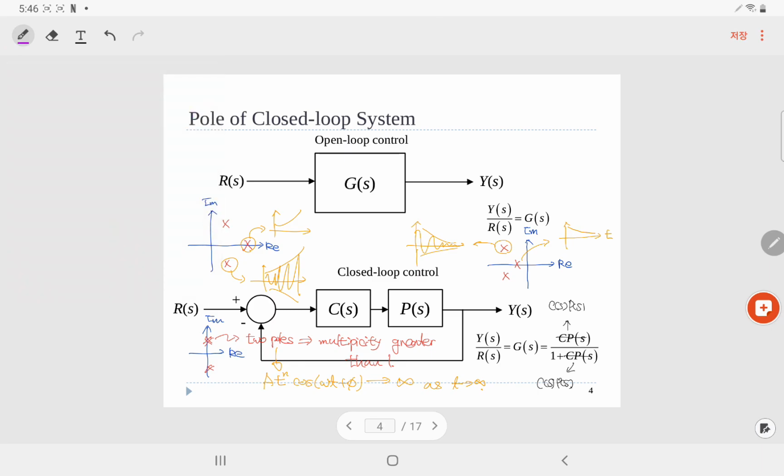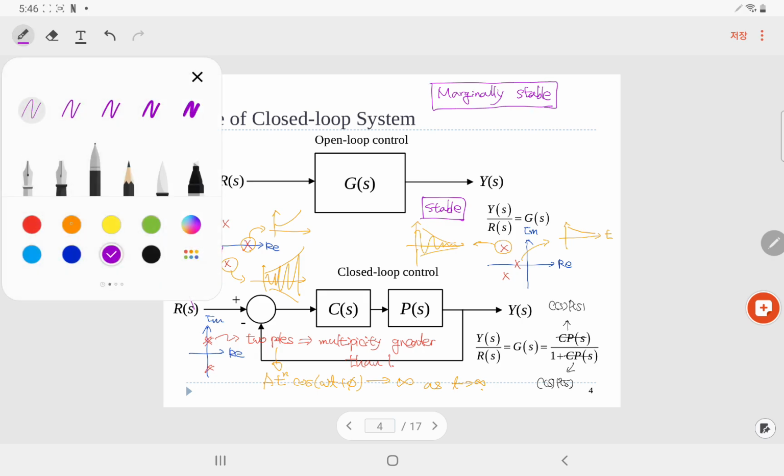This is a stable case, and these two are unstable cases. And finally we talk about the marginally stable case.